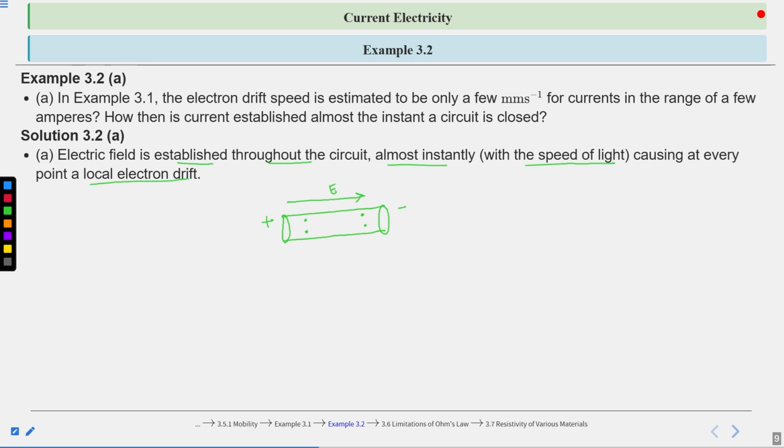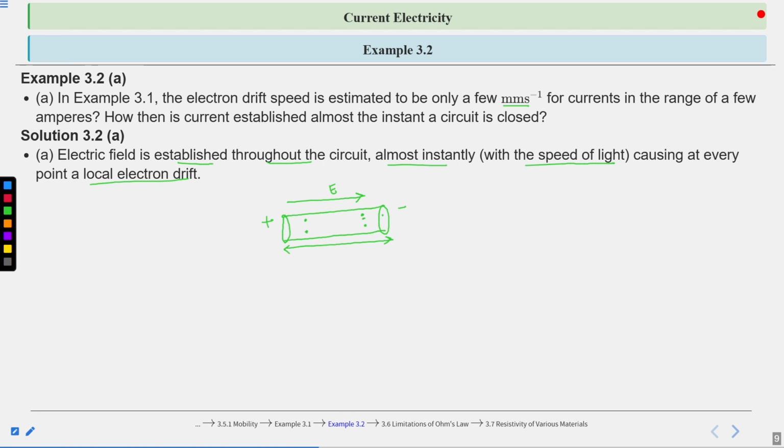Now the electron will take time. The electron at that end, at negative potential, will drift with the speed of 1.1 millimeter per second. So to cover the whole distance of the conductor, it will take so much time.